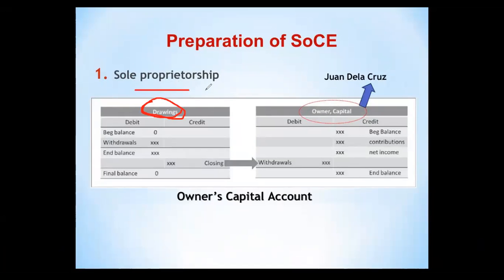This is what we call the T account. We have debit, credit, drawings, beginning balance, withdrawal, ending balance, and the closing balance will be reflected in the owner's capital. We have beginning balance, contribution, net income, minus withdrawals, and that is the ending balance.